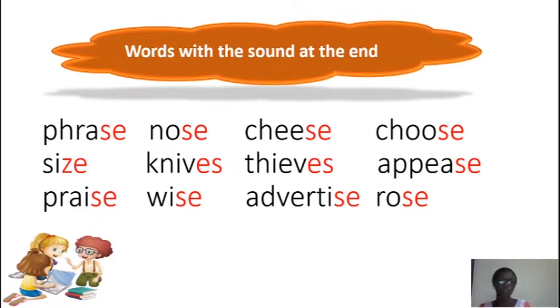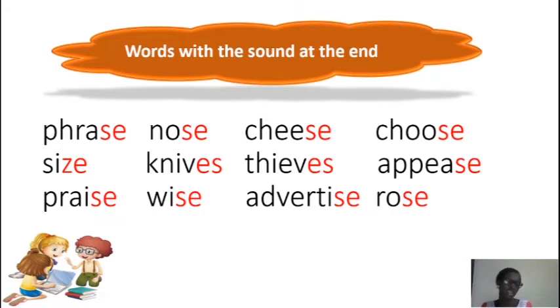So let's find out what happens at the end of words. All these words here have the Z sound at the end. Now look at the word phrase. Notice that S and E, two letters, give us one sound Z. So you will not say phrace, say phrase. The S and E together are in red because both of them just give the sound Z. So you have phrase, nose, cheese.